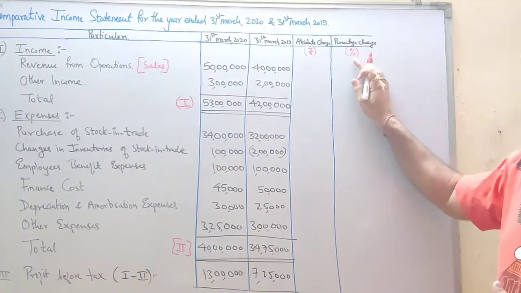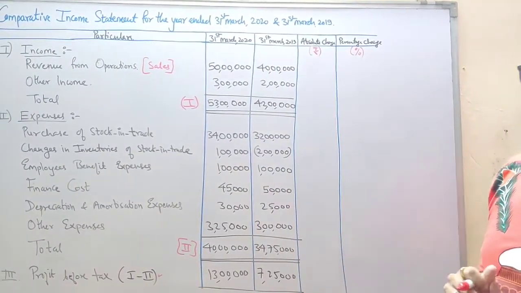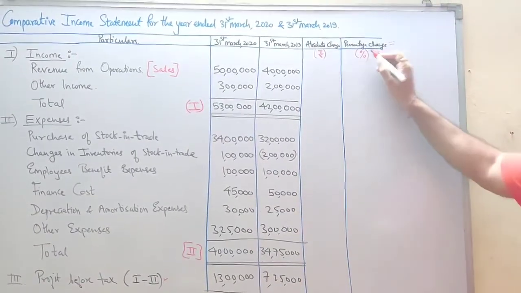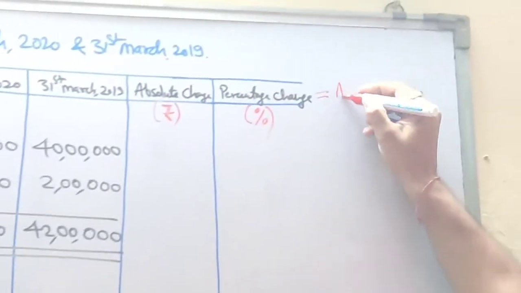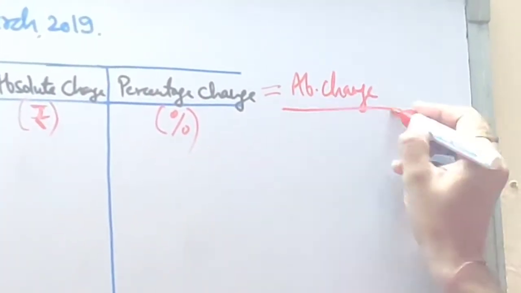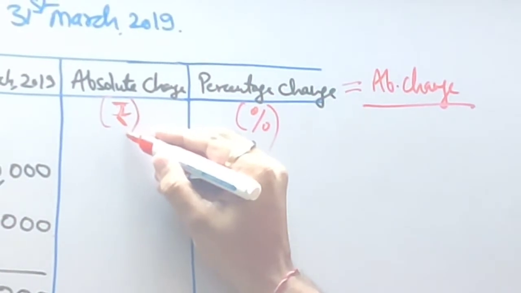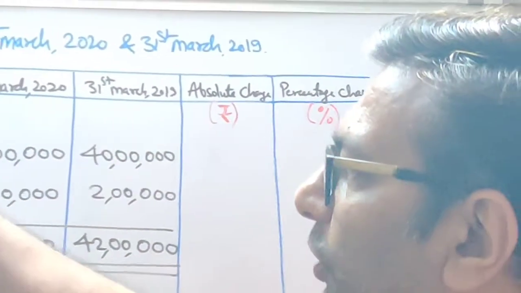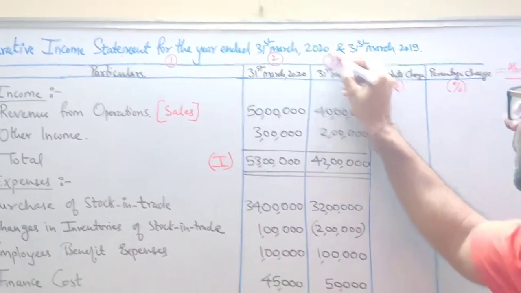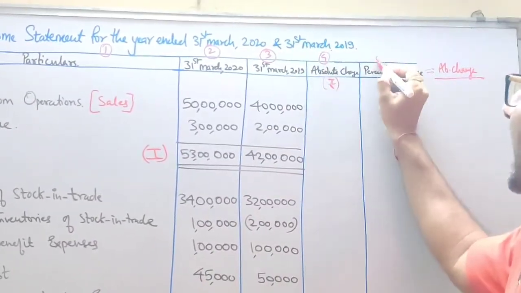Now, how to find the percentage for this absolute change? It's very easy, students. This is the formula you will be using to find the percent change. Absolute change, which you get in column number 4. So I'm putting the column numbers here: column number 1, column number 2, column number 3, 4 and 5.